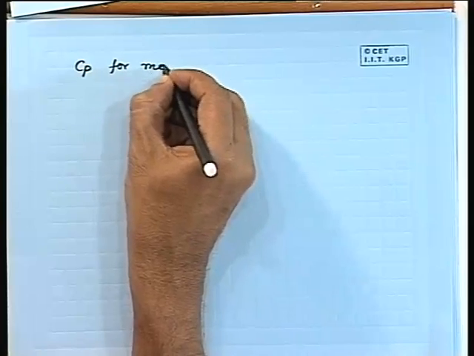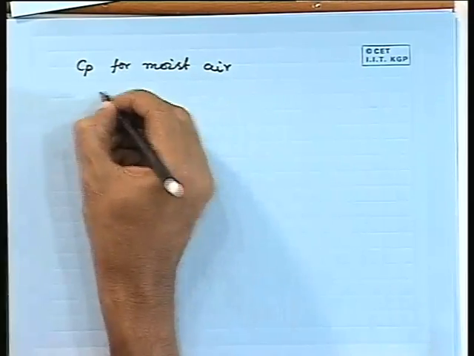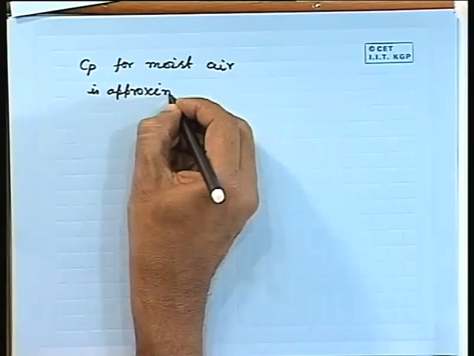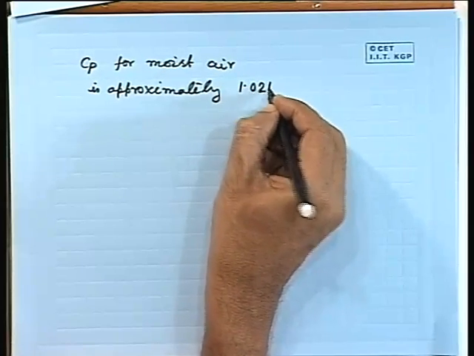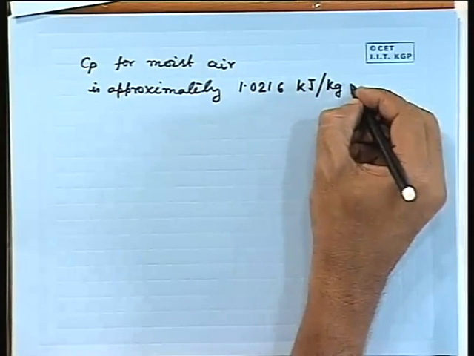With that approximation we can write Cp for moist air, approximately 1.0216 kilojoule per kg degree Celsius.